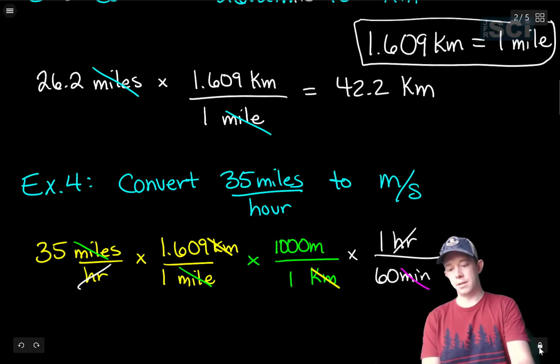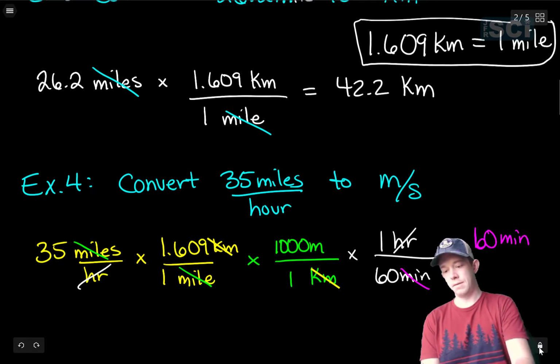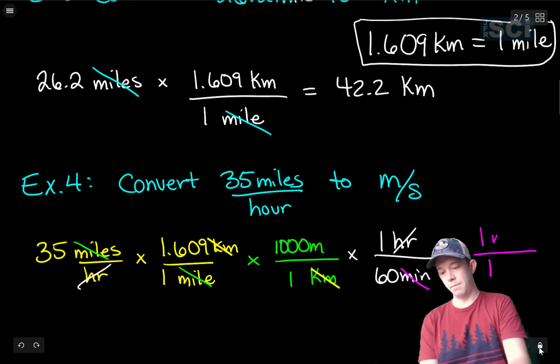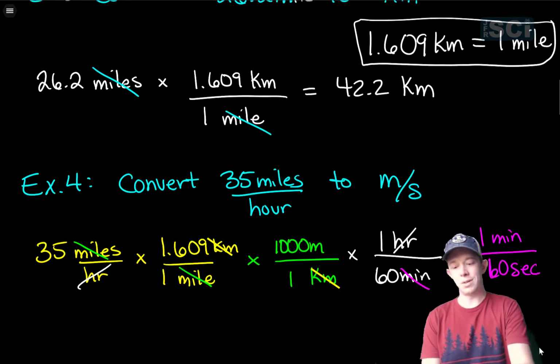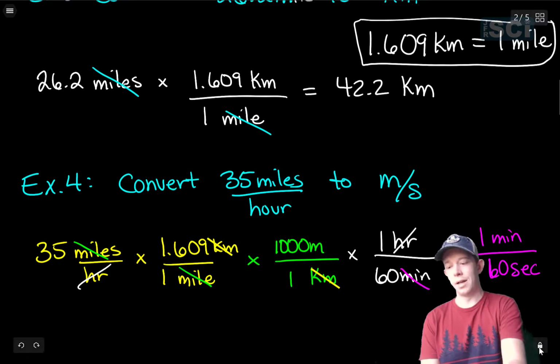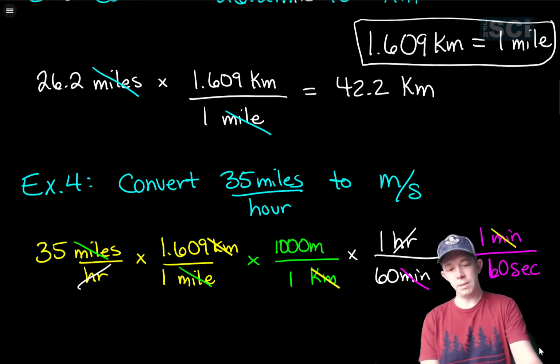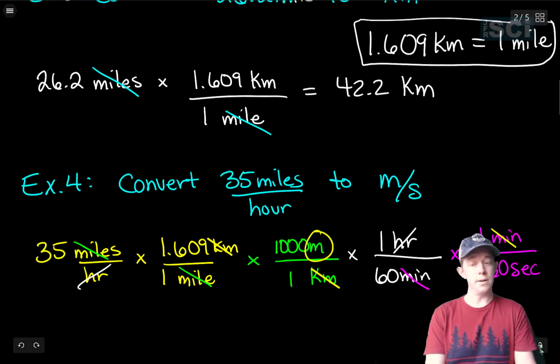But I don't want minutes. I want 1 minute is 60 seconds. Notice how I almost made a mistake there by putting my units for 60 minutes in the numerator. In fact, I need my minutes to divide to 1. So if I look at my units that I have left over, meters and seconds.